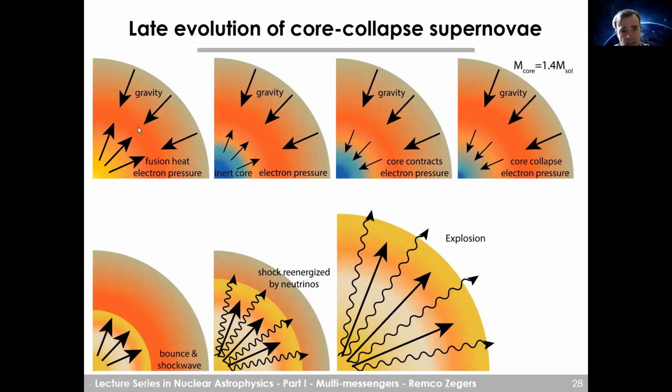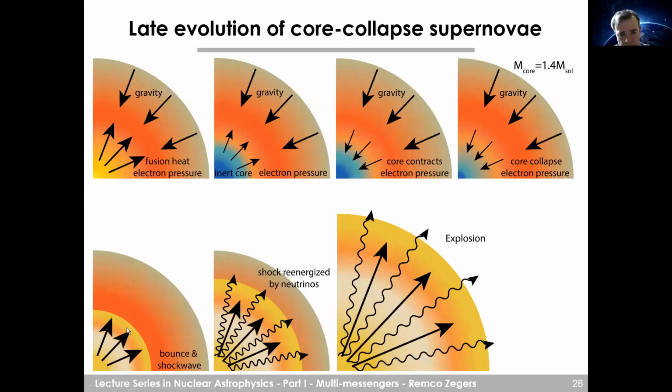So the gravity is trying to pull material in, but the fusion heat and electron pressure is working against that. And once the fusion stops inside the core because you run out of the fuel, you've made too much iron, then gravity starts to win, and the pressure becomes high. So then the core starts to contract, and only this electron pressure is really able to balance it a little bit until it's no longer possible and the core collapse sets in.